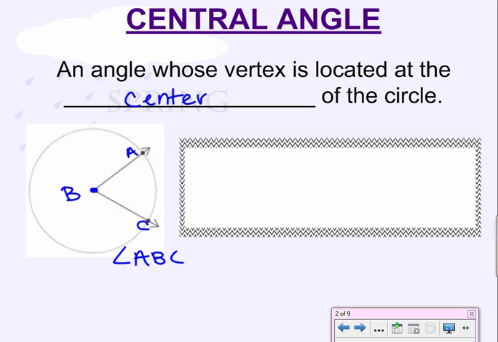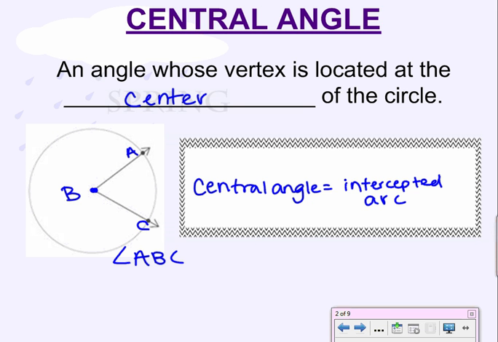Now the thing we have to know about central angles is that central angles are equal to the intercepted arc. So when we find that central angle measure, that's the same thing as the intercepted arc measure.